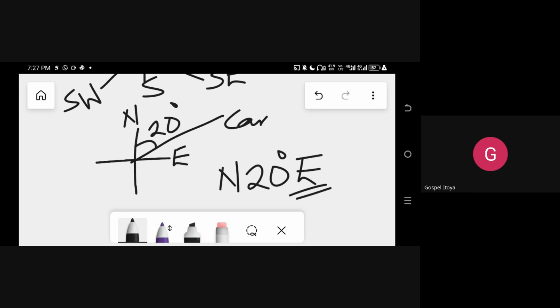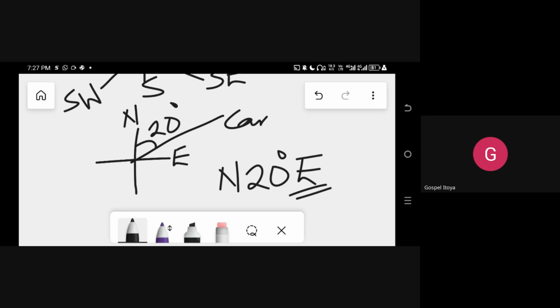There is nothing like east 20 degrees north. There's nothing like west 20 degrees south or west 20 degrees north. No. You either say north so and so or south so and so. Take notes. We've said that before now.